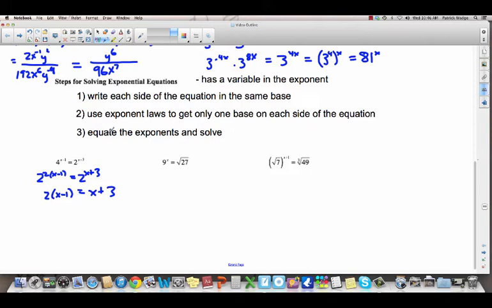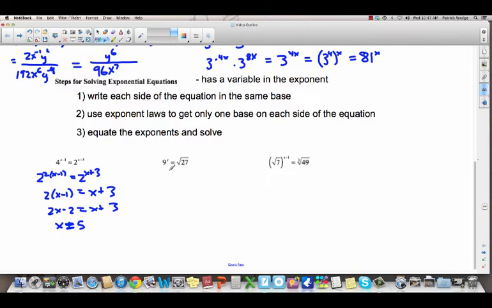So that's what we did in step 3 here. Equate the exponents, and now we solve. Oh, we can solve this. Let's do mountains here. 2x minus 2 equals x plus 3. Let's bring the x over and subtract, so you're left with x. And let's move the 2 over and add, so you get x equals 5. Sorry, not x plus 5, x equals 5. You could check that if you want. You don't have to, but you could check it by plugging into both these spots. You'll see it works. All right, next one.